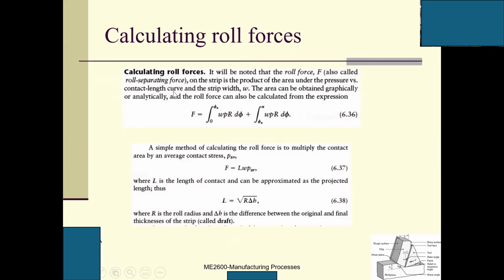Rolling force F, called the rolling separation force on the strip, is the product of the area and the pressure versus contact length curve and the strip width W. Then you just do these two integrations and calculate. W is the strip width, how wide it is. p is the pressure. R is the radius of the roller.